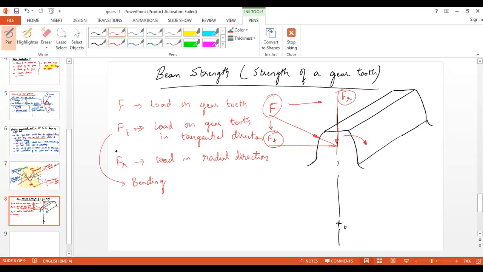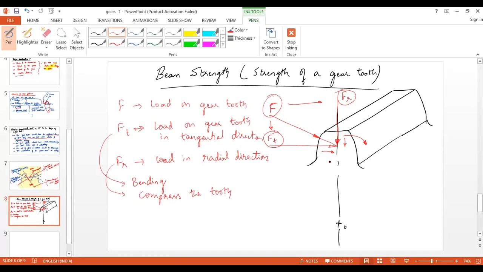And this Fr will try to compress the tooth, and Ft will try to bend the gear tooth.